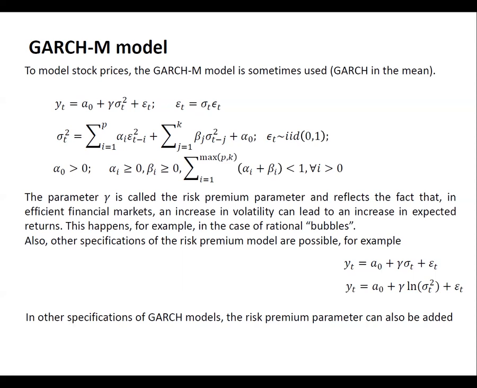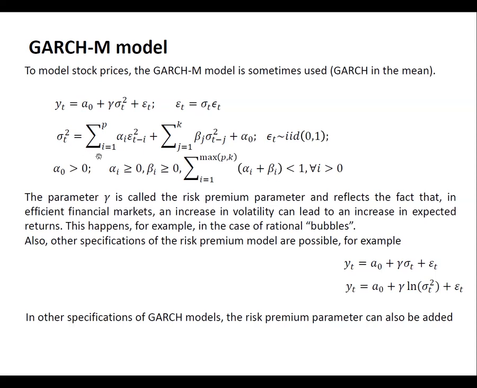Here we have the ARMA(0,0) equation. That is simply the intercept, or the average return, plus some coefficient gamma multiplying the error variance sigma squared. That is the inclusion of this term in the mean equation that occurs in the GARCH-M model, GARCH in mean. And the rest of the description is the description of volatility.